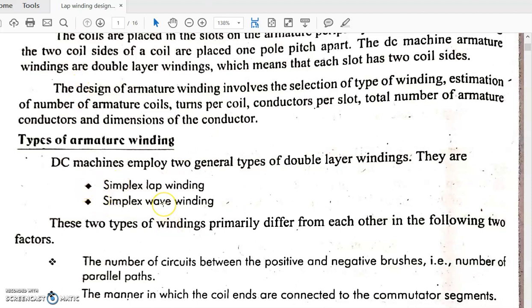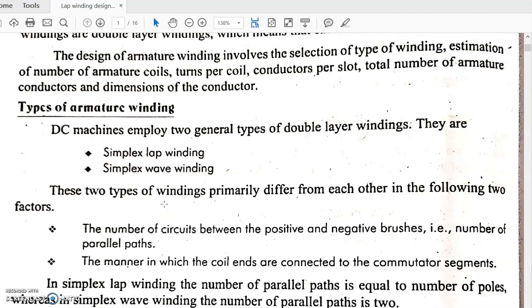Duplex winding and multiplex winding depend upon the number of parallel paths only. Suppose the number of parallel paths is 2 times that of simplex lap winding or simplex wave winding, that will be represented as duplex lap winding or duplex wave winding.